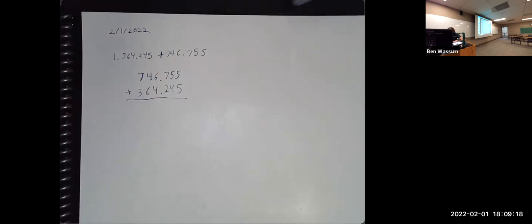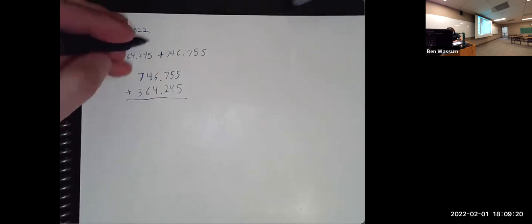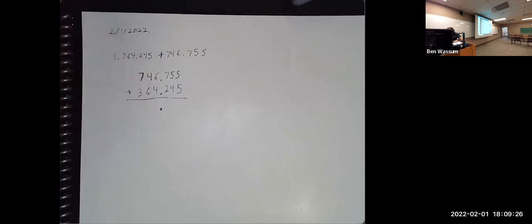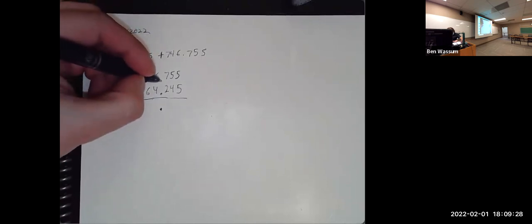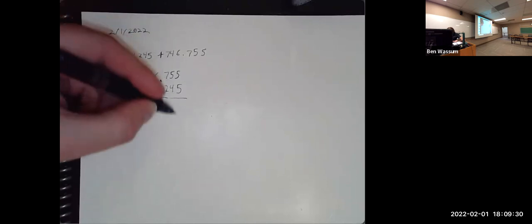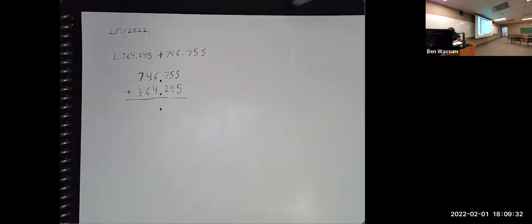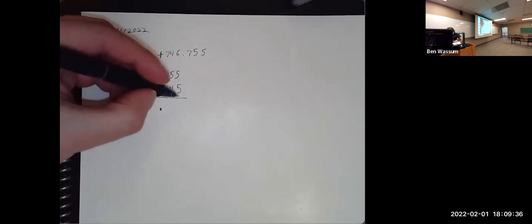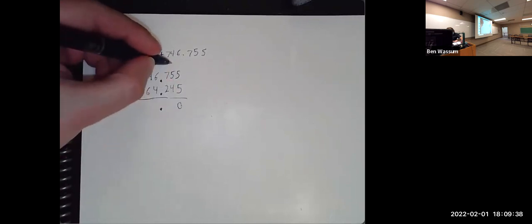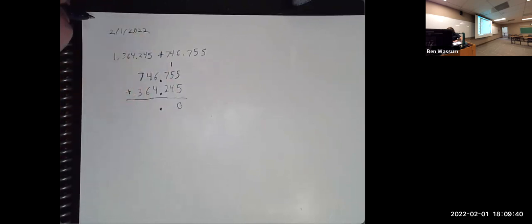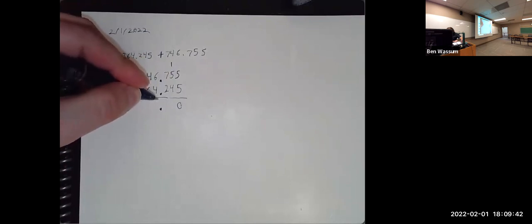So let's start adding. You always start from the end. Oh, and don't forget that your decimal point has to come straight down. So here, here, and here, they're all lined up. So 5 and 5 gives us 10. So we have a 0 down here, and we'll carry the 1. 1, 5, and 4 gives us 10.